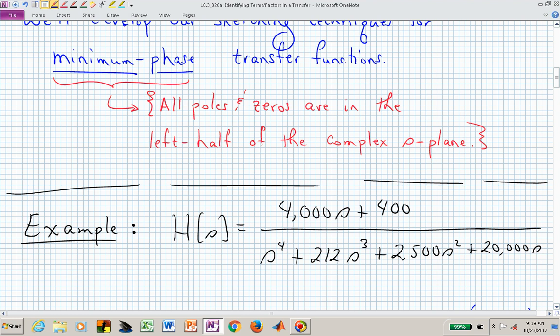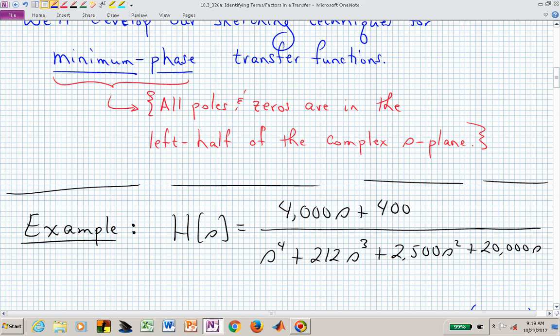First, let's look at the highest power of s in both the numerator and the denominator. In this case, the numerator has s to the 1. That's a linear factor, or really just a first order numerator, so we would expect just 1 zero to appear in this transfer function.